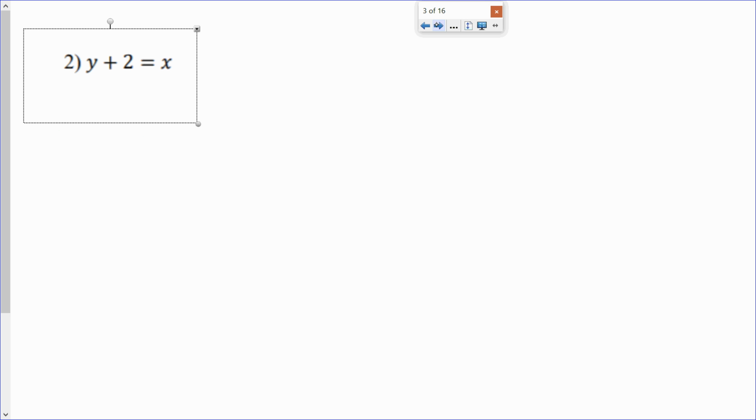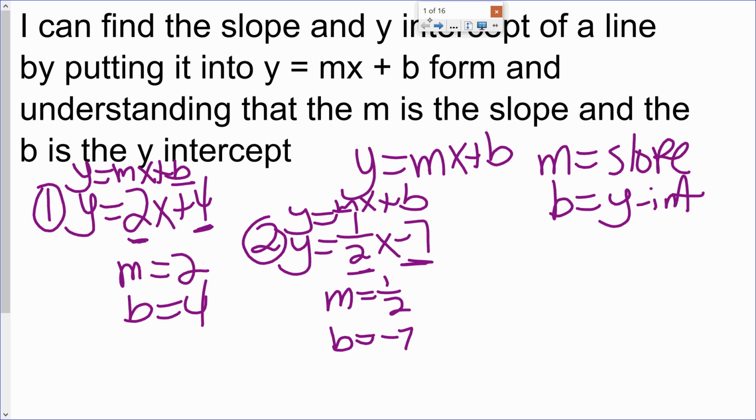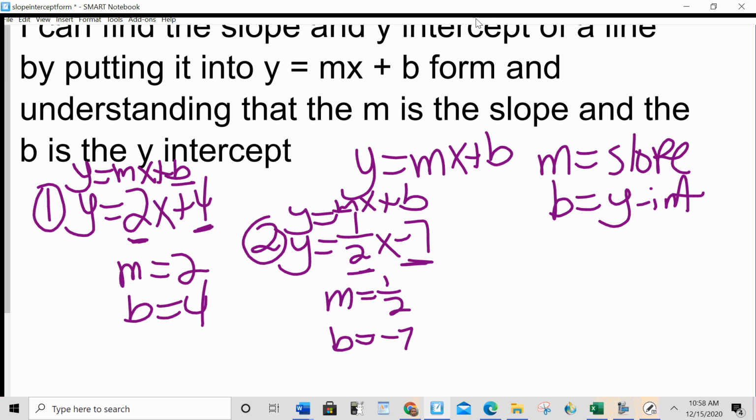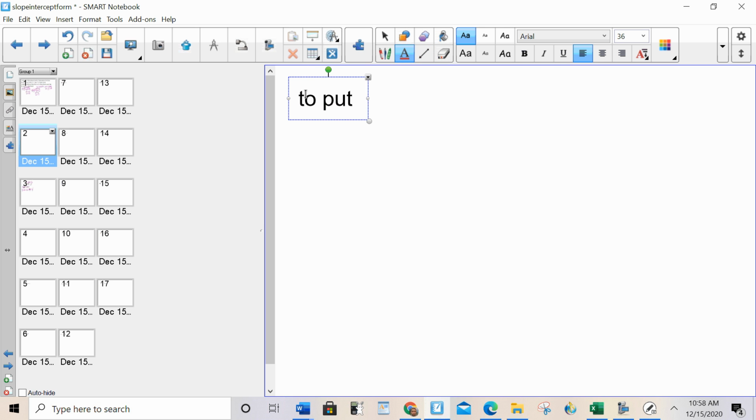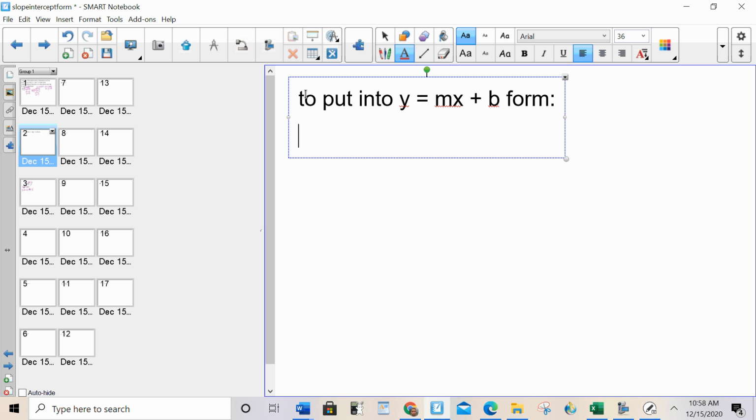Number 2, is this in y equals mx plus b form? No. So to put into y equals mx plus b form, let's just put some notes on this here. We're basically doing the rules of algebra.